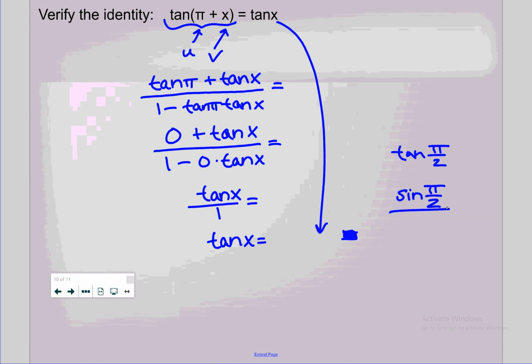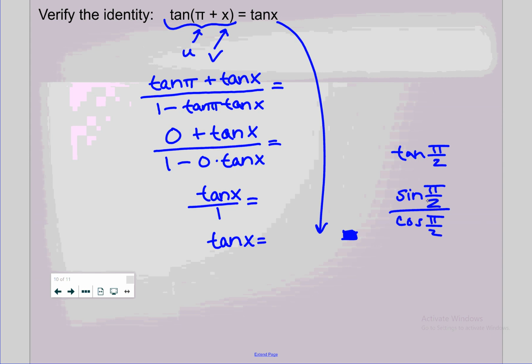Sine of whatever over cosine of whatever is an alternative, okay? That's going to be your process if you see that happen. Sines and cosines are never undefined. It's going to be a bunch of 1s and 0s when you use those instead. So this will get around the undefined barrier that you're going to hit with that one problem, okay? So when you see that happen, go back to the problem, write with sines and cosines instead, and then you should be okay.